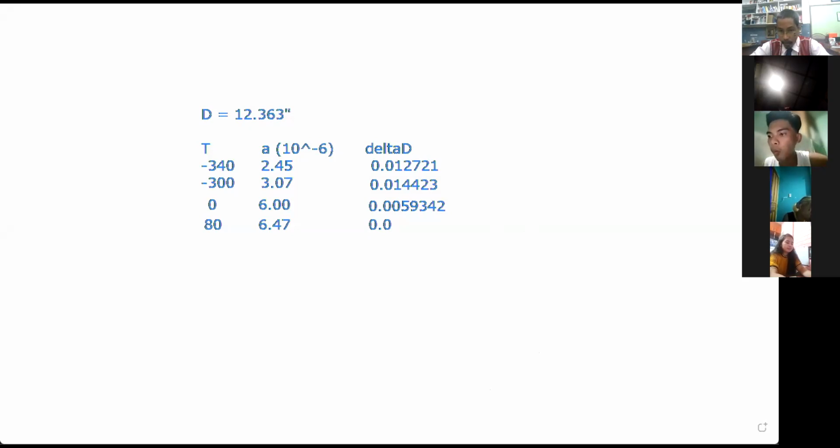You can take a screenshot of this so that it could easily be recalled that the formula is: delta D, or the change in diameter, is equal to diameter times the coefficient of thermal expansion times delta temperature. That is the formula.